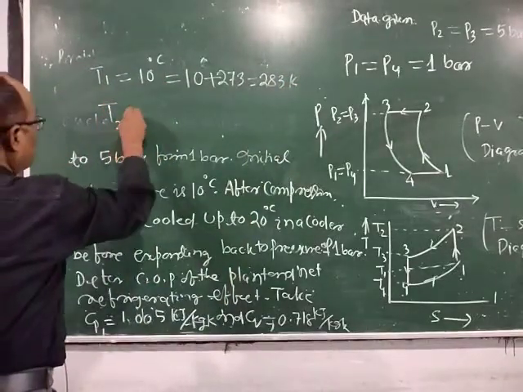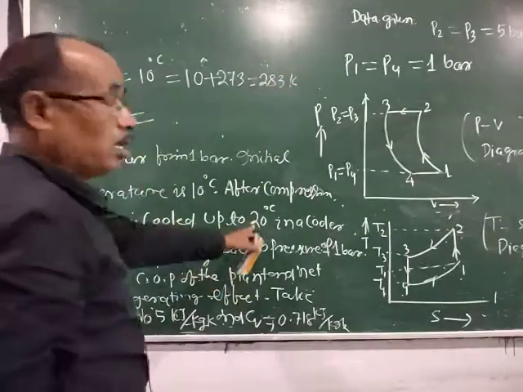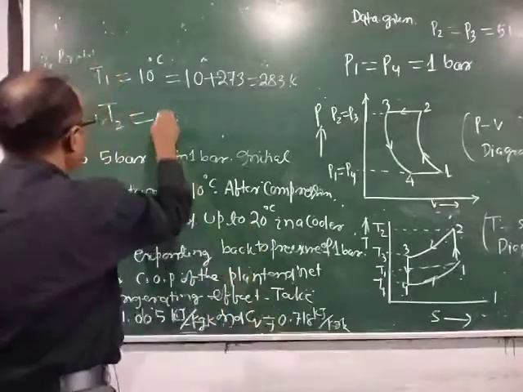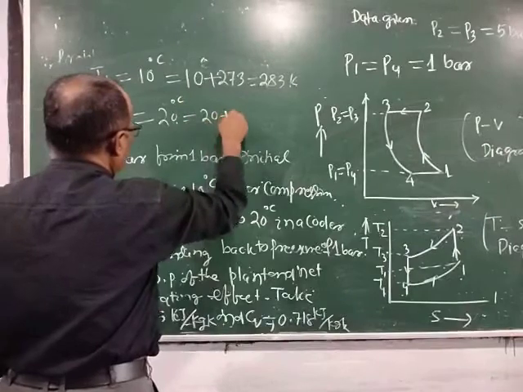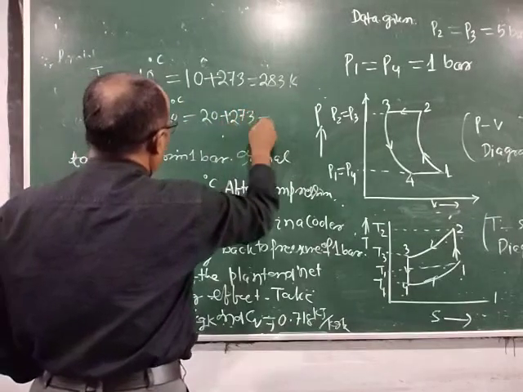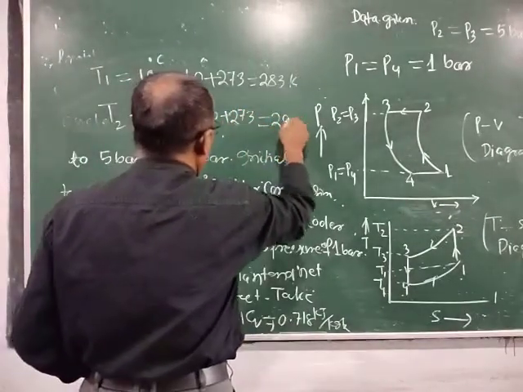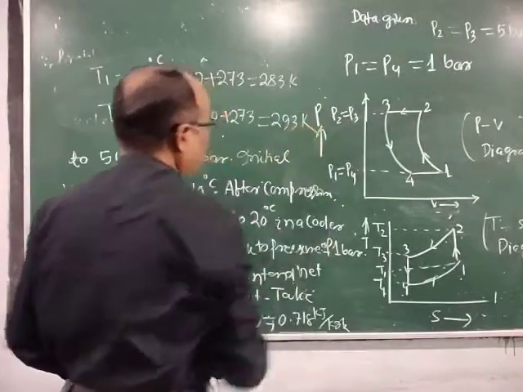Then T2 is equal to 20 degree centigrade is equal to 20 plus 273 is equal to 293 degree Kelvin.